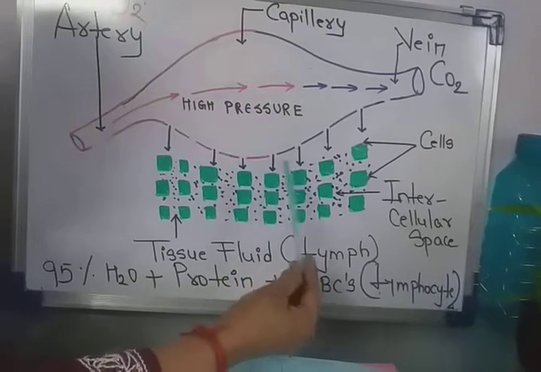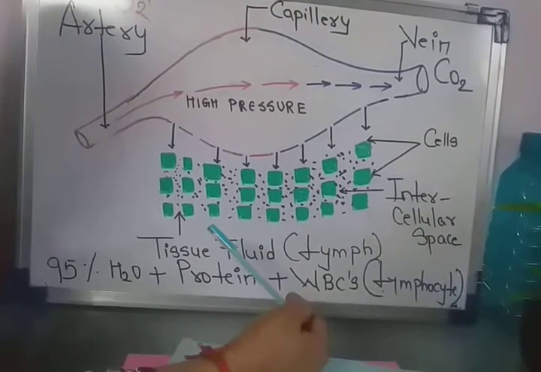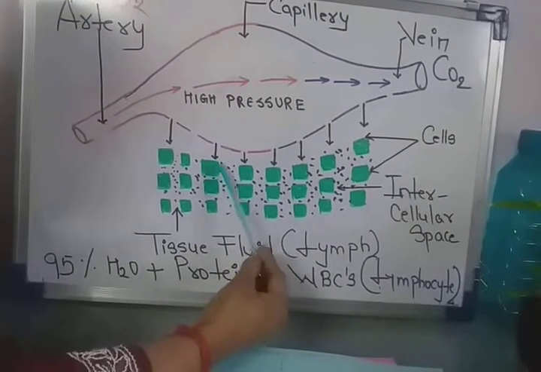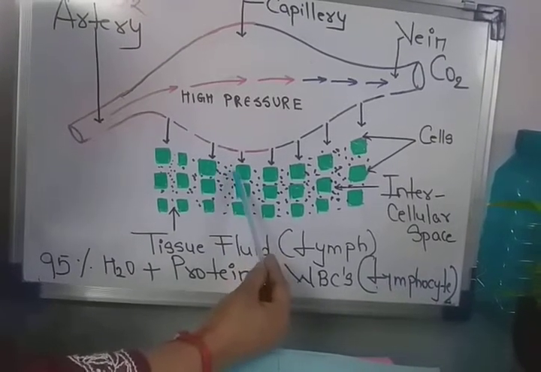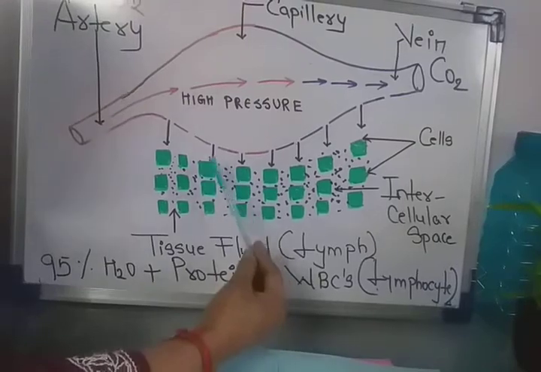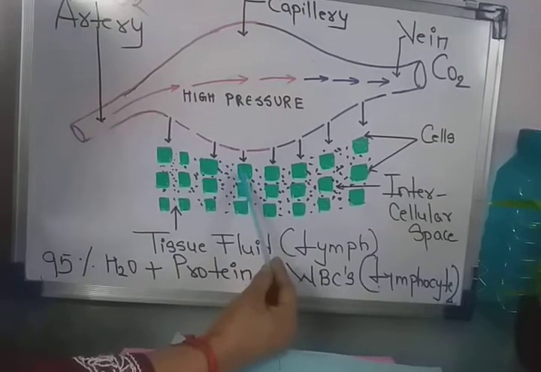Imagine these green boxes to be the cells. The distance between these two cells we call the intercellular space.